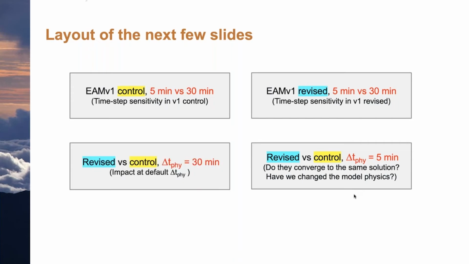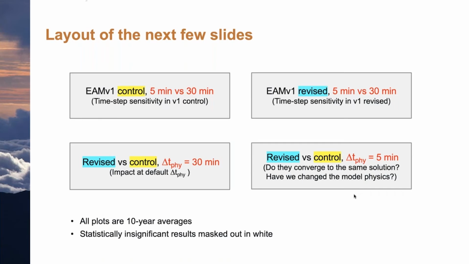And last but not least, I will show in the lower left corner a figure showing the differences between the revised and the control model, but both using the default 30-minute time step. So this is to ask, if we just put these revisions into the EAMv1 model and then use the default step sizes and parameters, what the impact will be. All the plots I will be showing are 10-year averages, and the statistically insignificant results are masked out in white.